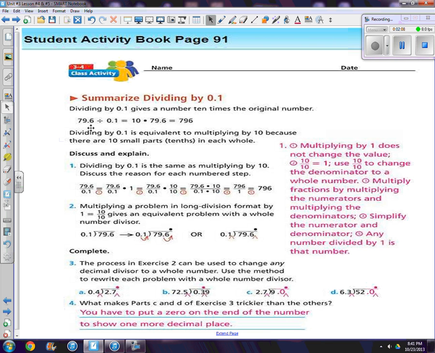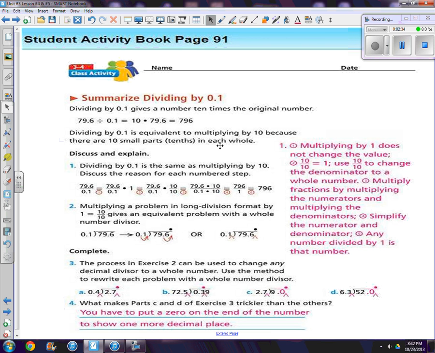So 79.6 divided by 0.1 is really like saying 10 times 79.6. When you multiply a number with a decimal times 10, it just moves the decimal one place to the right. So 796. Dividing by 0.1 is equivalent to multiplying by 10 because there are 10 small parts, tenths, in each whole.